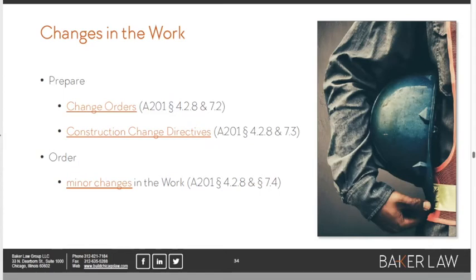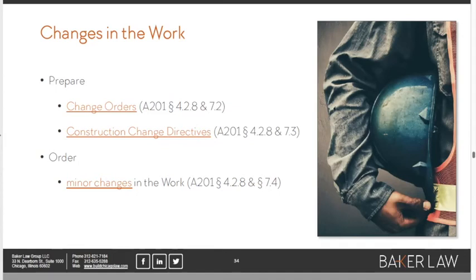And if you look in the A201, there's a whole lot of language under this CCD concept about how pricing is agreed upon so that the contractor doesn't wind up having to do work that they don't get compensated for.